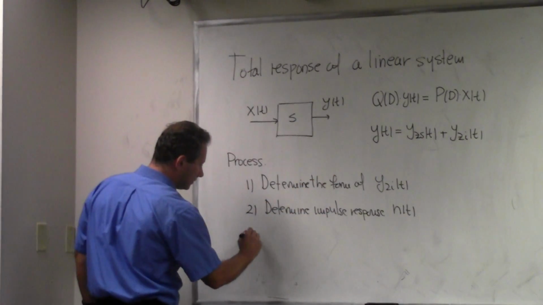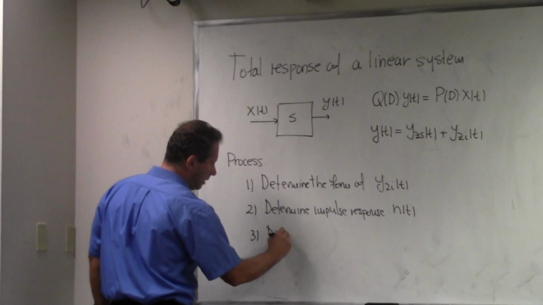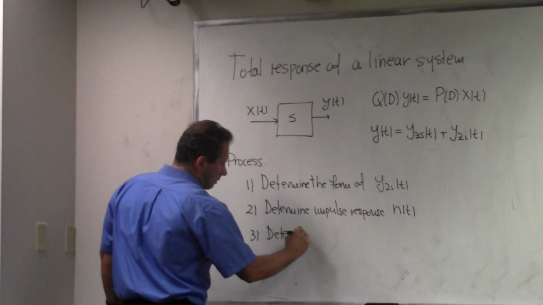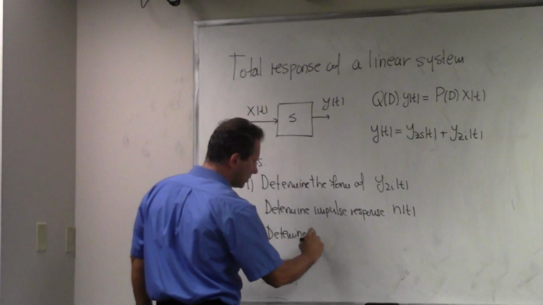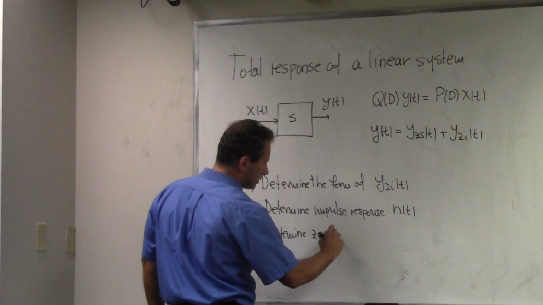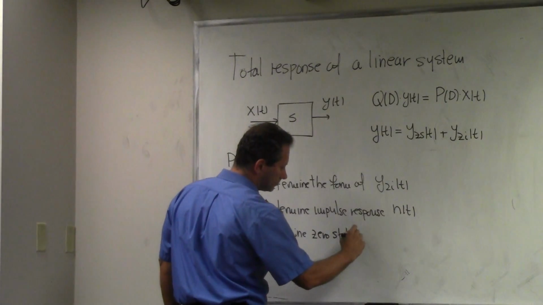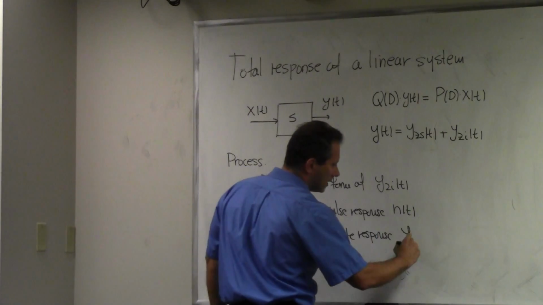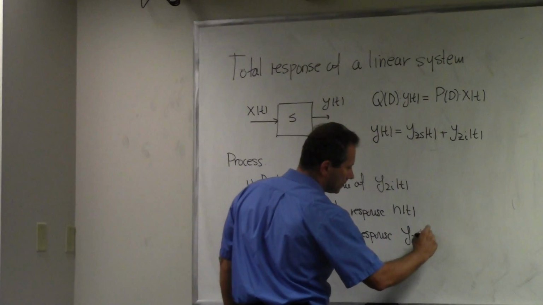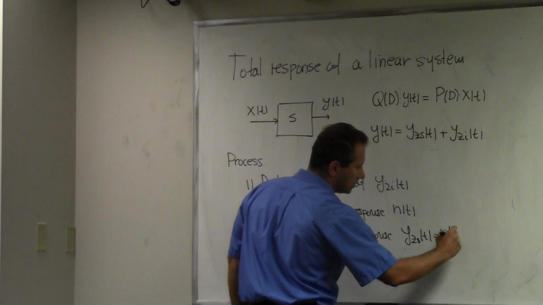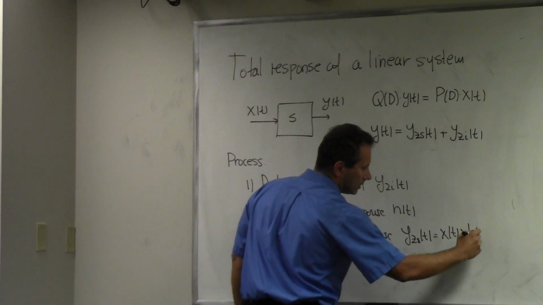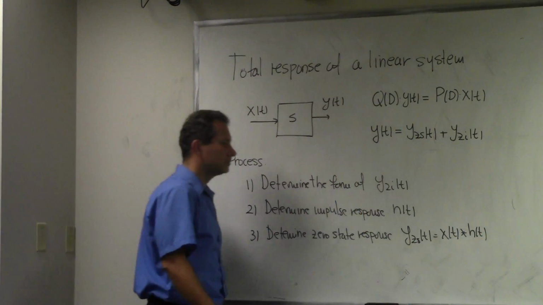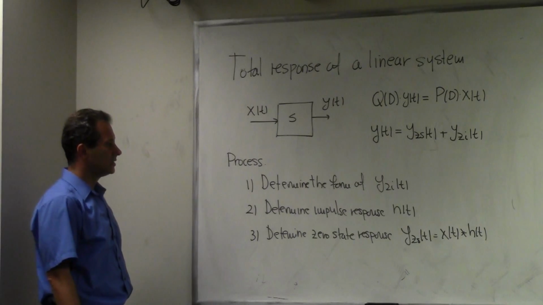Then in step 3, we determine the zero state response as y zs of t is equal to h of t convolved with x of t. So this is our zero state response.